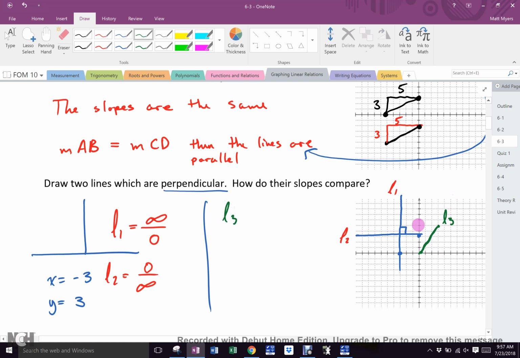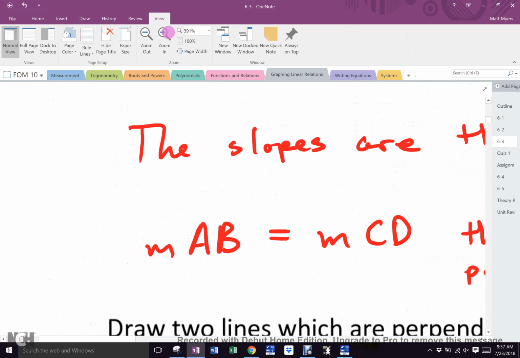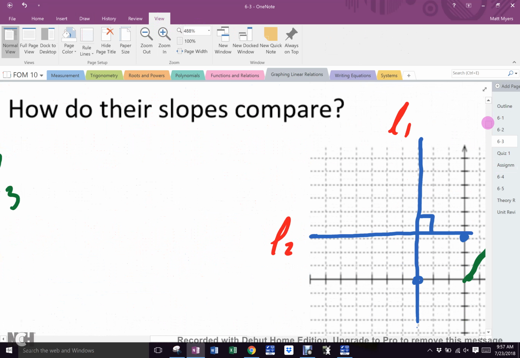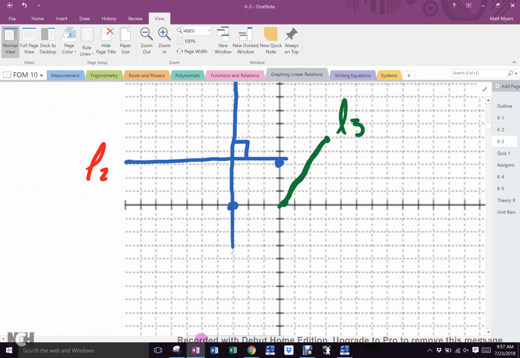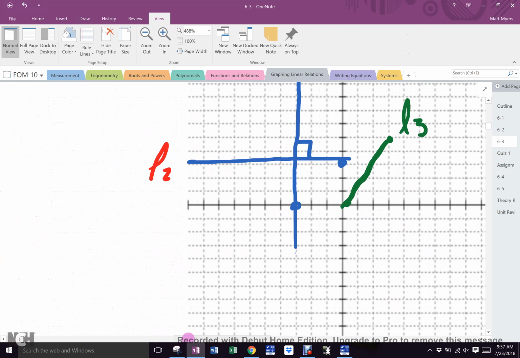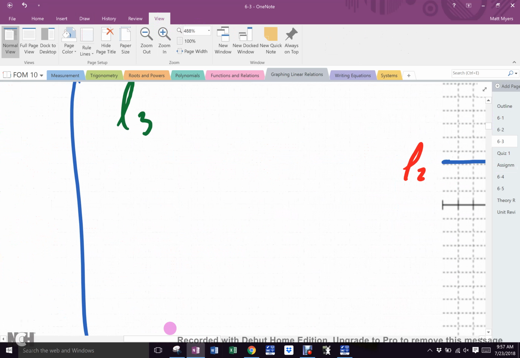How far did I go up? I'm going to zoom in a little bit more to make it even easier. How far up did I go? 4. What was my run? 3. So line 3 equals 4/3, correct? And it is indeed a positive slope, yes?